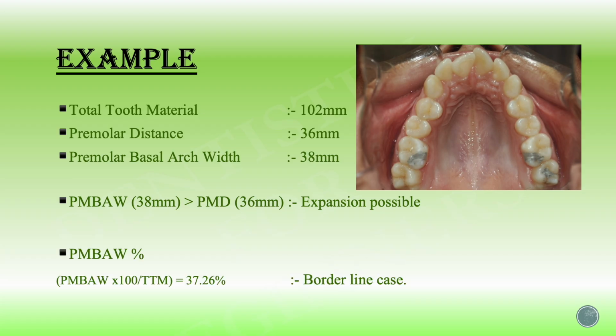And the premolar basal arch width percentage is 37.26, so it's between 37 and 44%. That means it is a borderline case. Thus, in this case, we will correlate the findings with other analyses also, and then decide whether we need to expand or extract depending on every other finding.